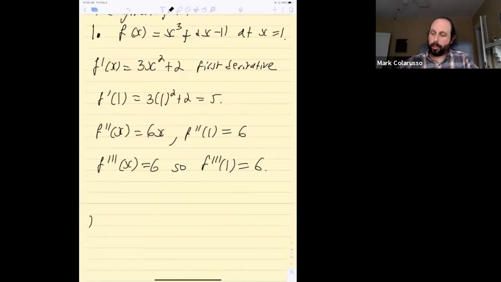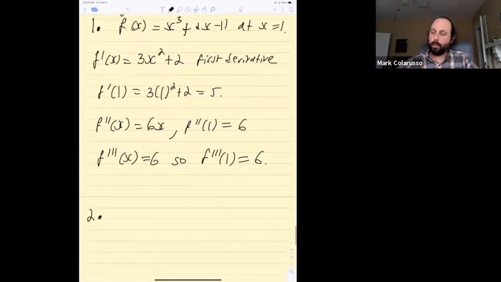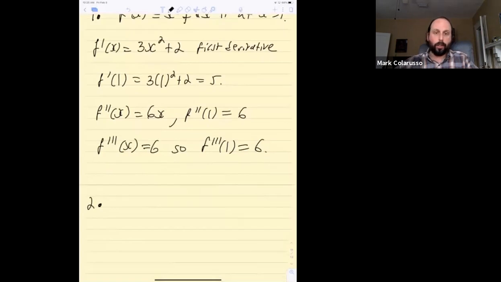Okay, so a second example. So for the second example, we start with this function, which has a whole bunch of stuff in here. So we have capital T x cubed plus 3x capital P plus capital T to the 5th.